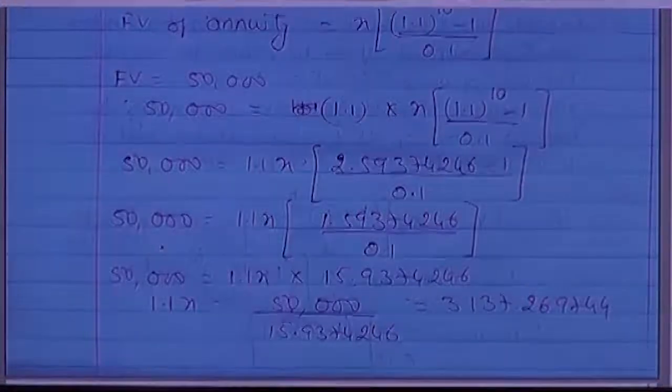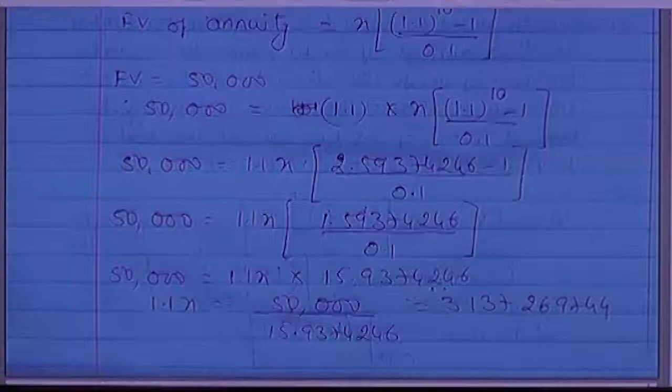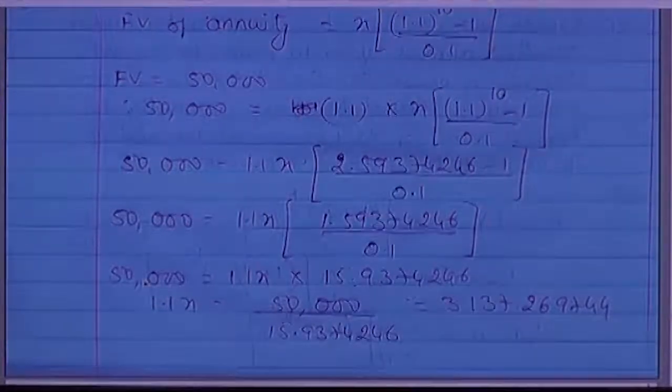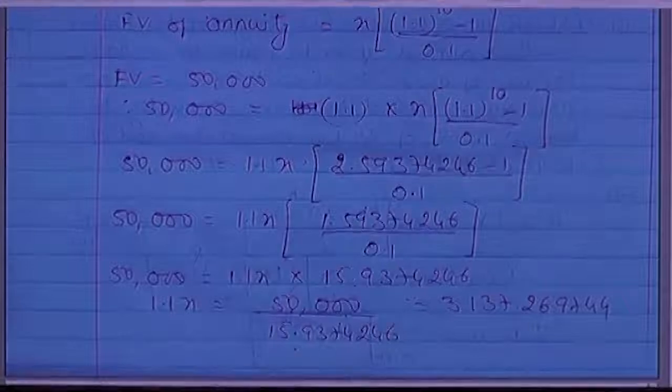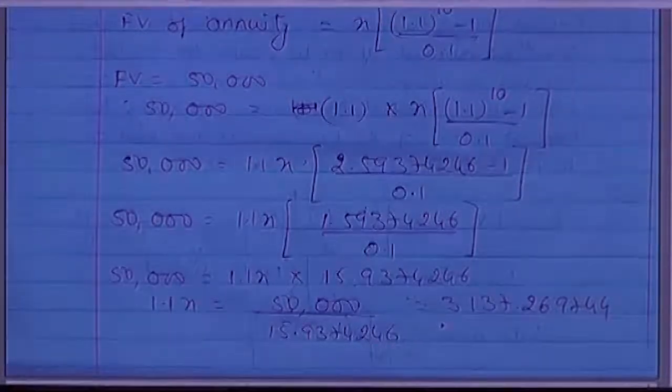So 50,000 is equal to 1.1x times 1.59374246 divided by 0.1. Therefore 50,000 equal to 1.1x into 15.9374246. So 1.1x will be equal to 50,000 divided by 15.9374246.